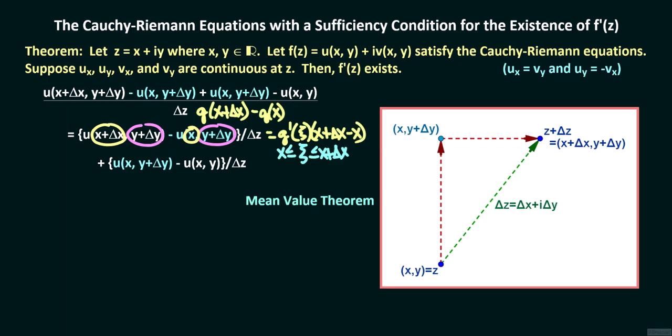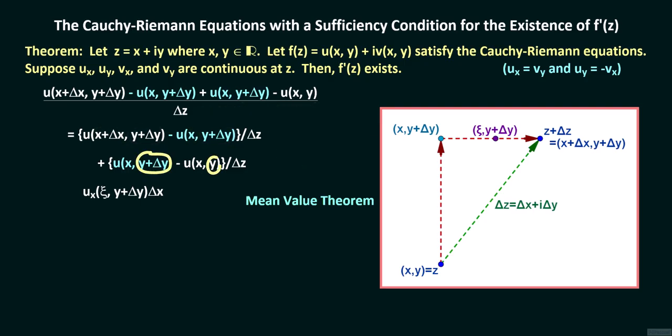The real number x_c corresponds to the point x_c, y plus delta y between the points x, y plus delta y and x plus delta x, y plus delta y. g prime is actually u sub x, so that g prime of x_c is u sub x of x_c, y plus delta y. x cancels out, so that the first difference is u sub x of x_c, y plus delta y times delta x.